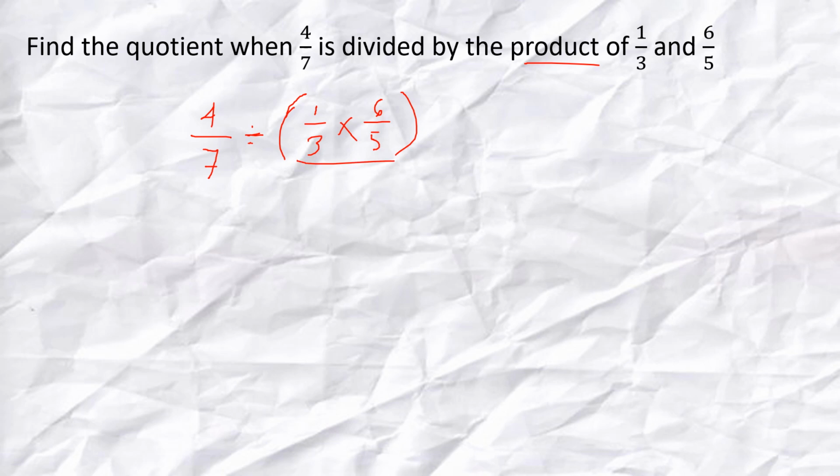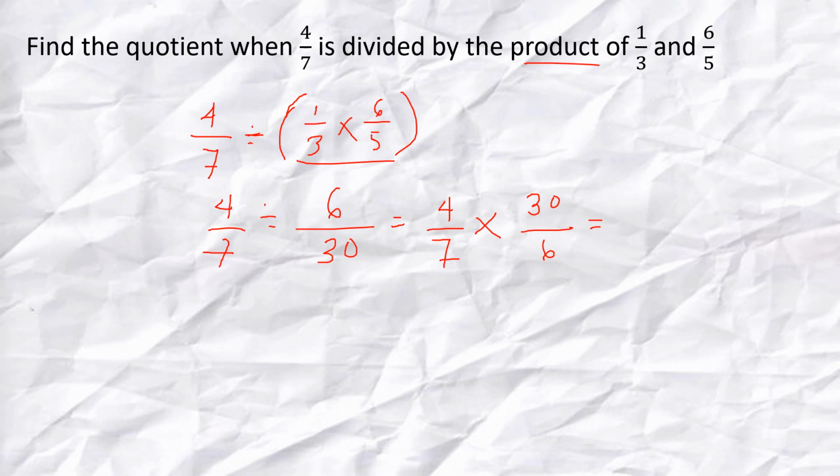So 1/3 times 6/5. 1 times 6 is 6 over 3 times 5 is 30. And then we can now proceed to our division. So get the reciprocal of the divisor. So it will become 4/7 and then multiply 30/6.